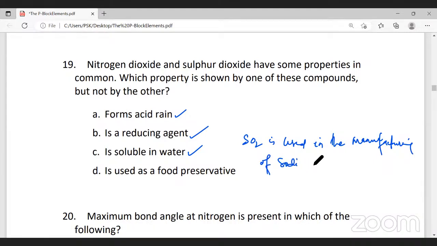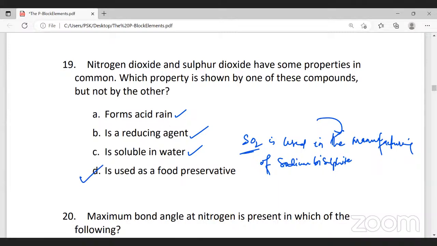The sodium bisulfite is a preservative. But nitrogen dioxide is not used in order to prepare any preservative. So the property shown by sulfur dioxide, the manufacturing of preservative, but not by nitrogen dioxide. Therefore, the answer for this question is option D.